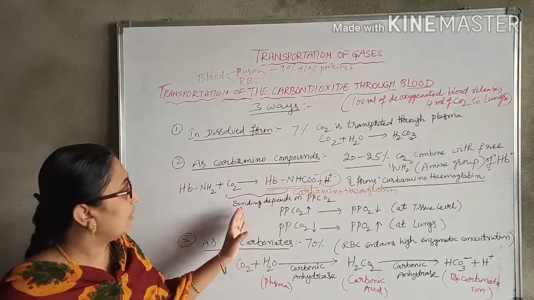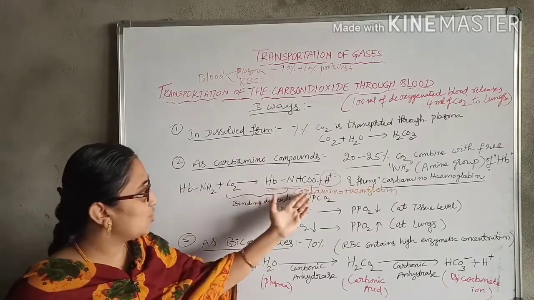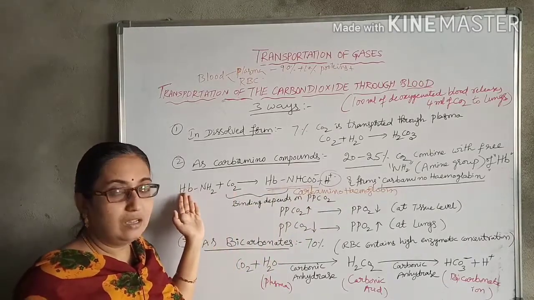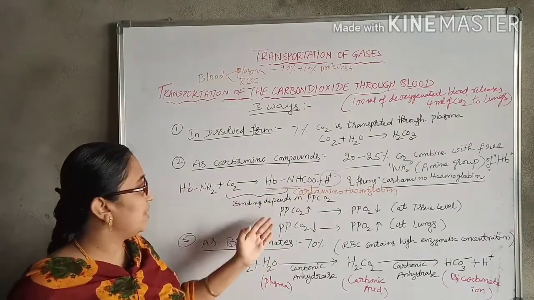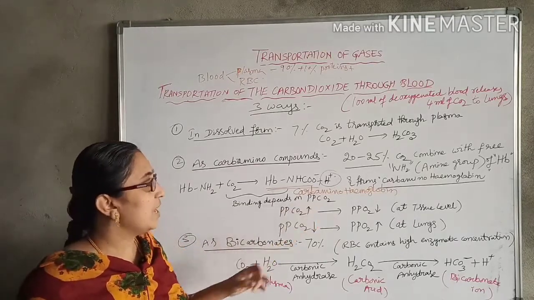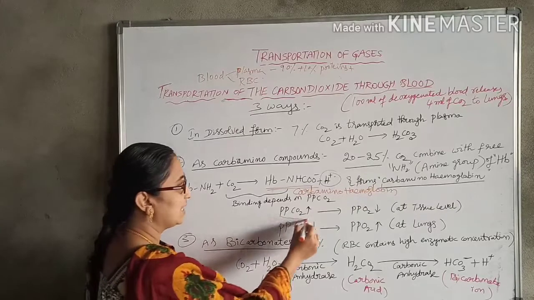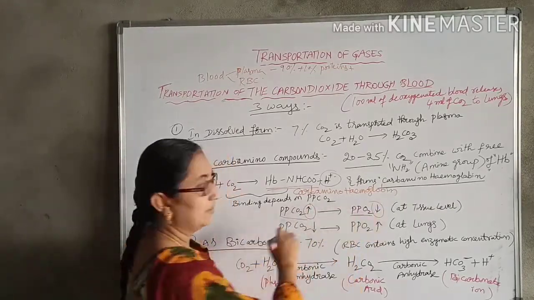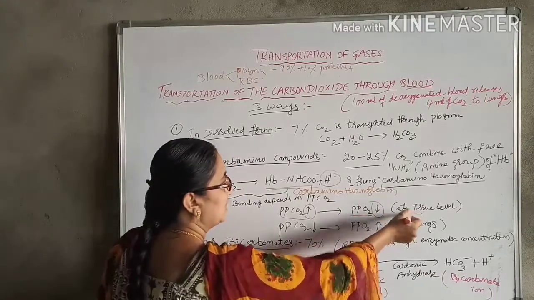The formation of carbamino hemoglobin, the binding of the carbon dioxide with the amino group of the hemoglobin, depends upon the partial pressure of the carbon dioxide. If the partial pressure of carbon dioxide is more, then the partial pressure of oxygen will be less. This will happen at the tissue level.